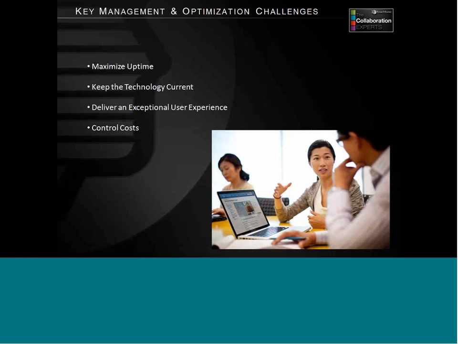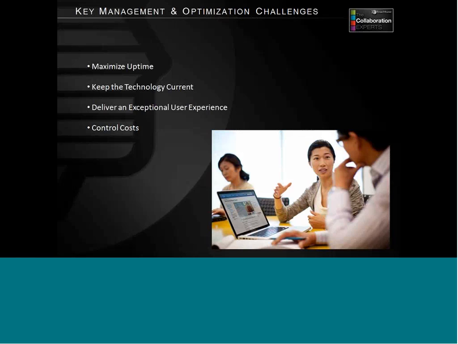The second area, which has always been important but is more difficult now, is keeping the technology current. If you look historically at voice technology, you might have had a major change in the technology and its capability every 3 years, 5 years, 7 years, and upgrading those technologies used to take what we would call a forklift upgrade. Literally go in, take out what you've got and put a brand new one in.